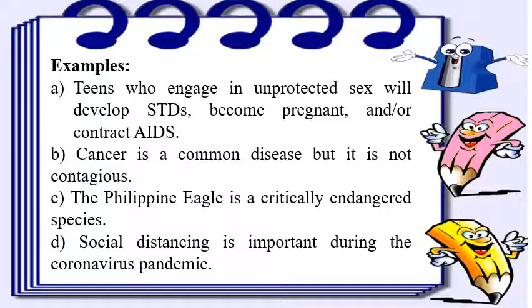Yes, because we rarely see an eagle flying from above now, because they are being hunted by hunters. And social distancing, of course, is because of our crisis today, COVID-19, which is very common to us right now, and we're still struggling with that pandemic.